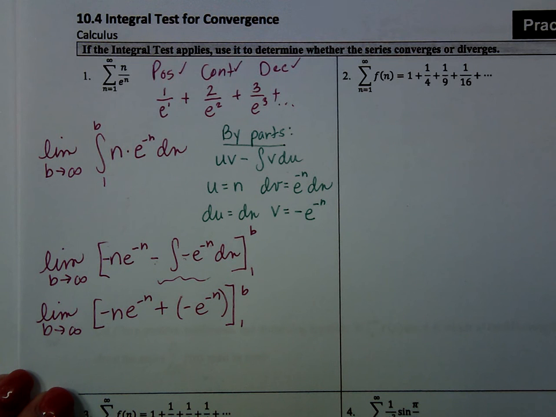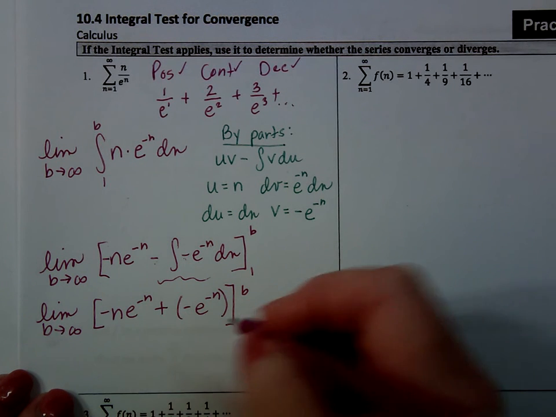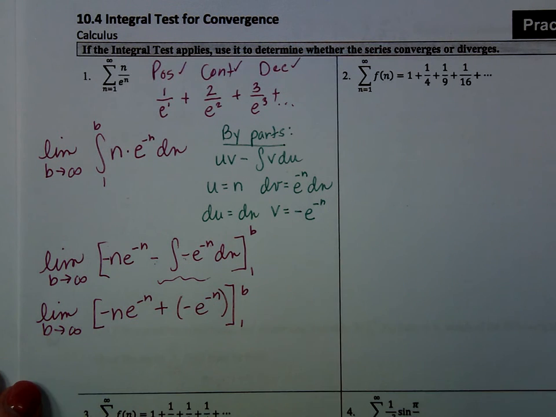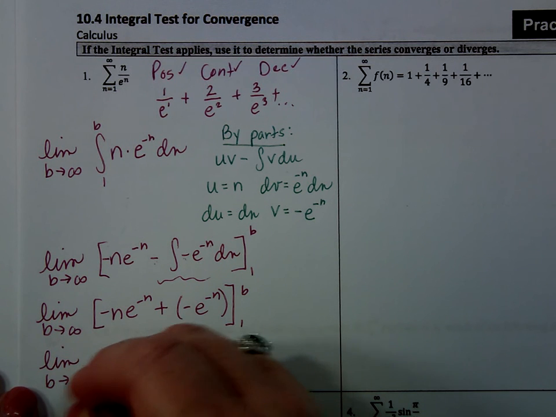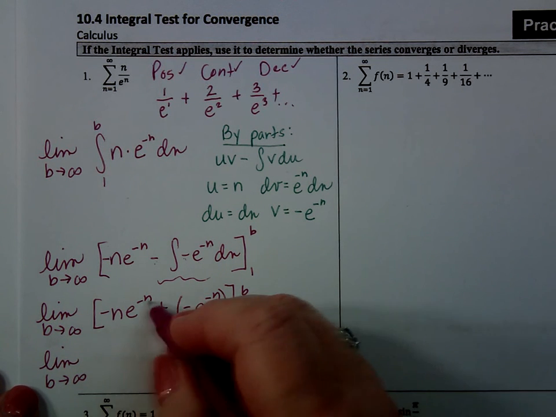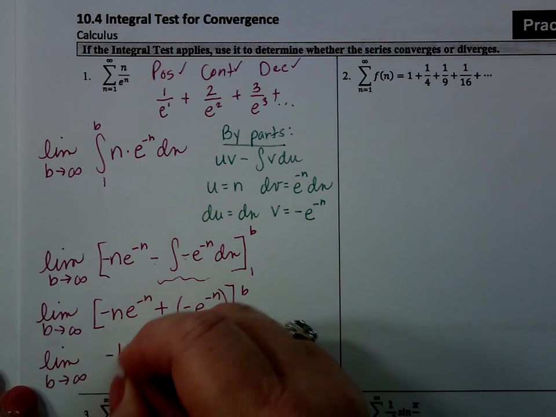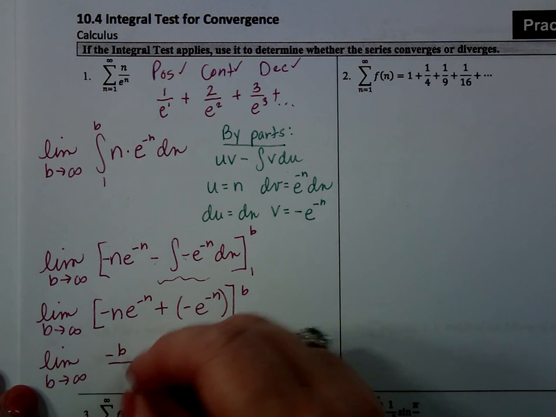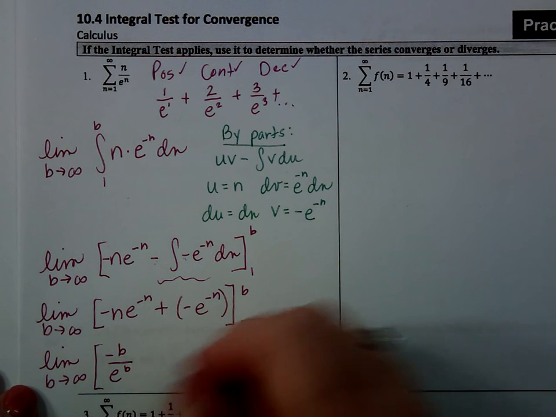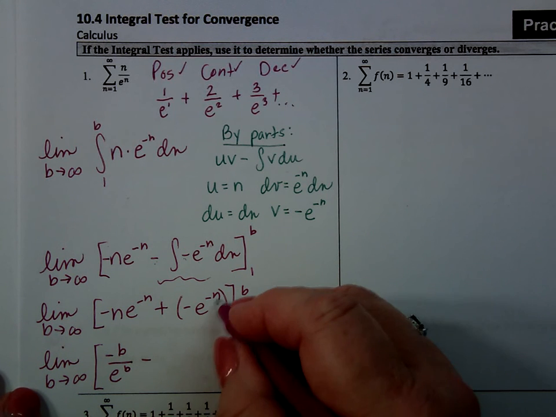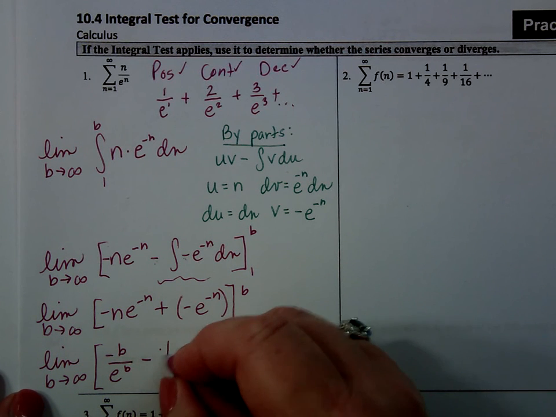Now let's plug this in. Substitution. I'm going to take the limit, still limiting, I haven't put in my infinity yet. N becomes b. So it's going to be a negative b over e to the b, plus, actually minus, 1 over e to the b.